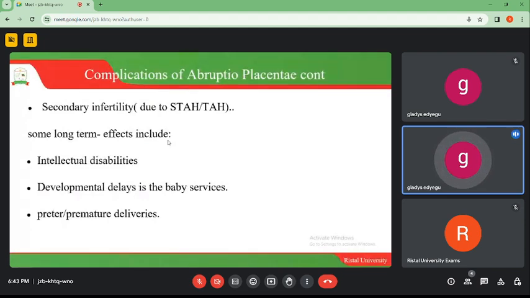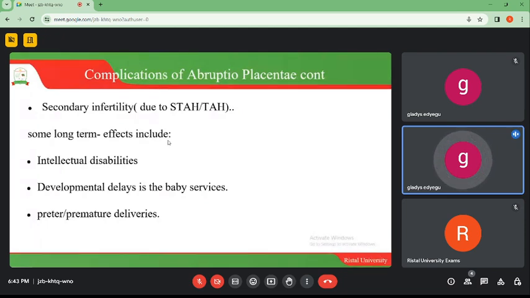Basically, we have handled APH, that is antepartum hemorrhage, and antepartum hemorrhage is caused majorly by two conditions, that is placenta previa and placenta abruptio. And we said placenta previa is when the placenta is low-lying.